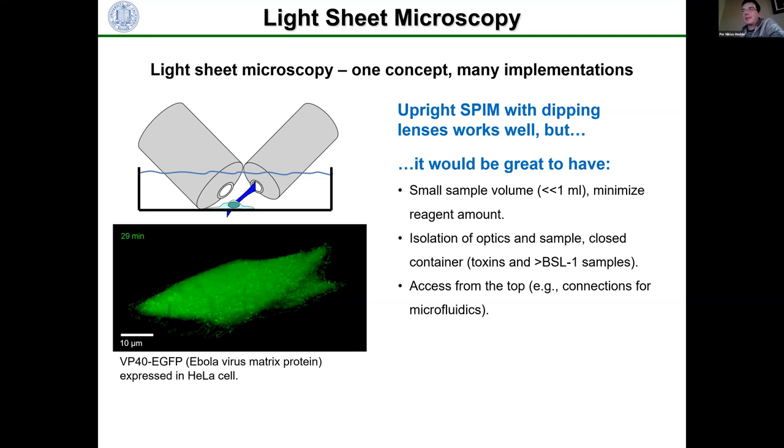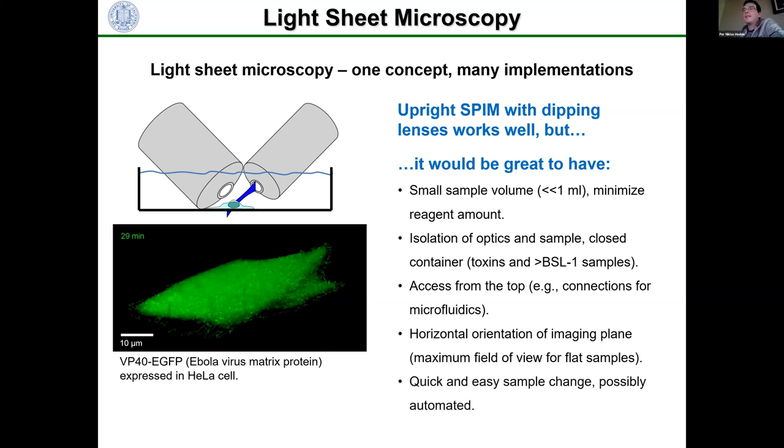If we could have access from the top, for example, connections to add some fluids or something. And the horizontal orientation of the image plane is also advantageous if you think about a sample that is a layer to maximize the field of view. And we also wanted a more quick and easy sample change.